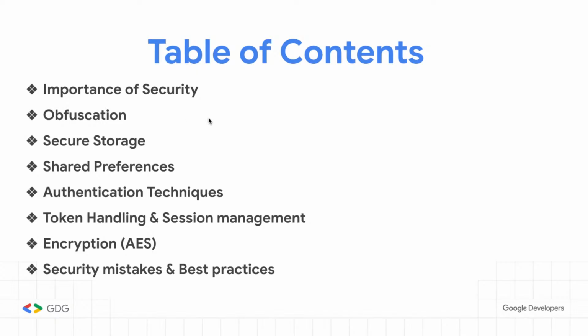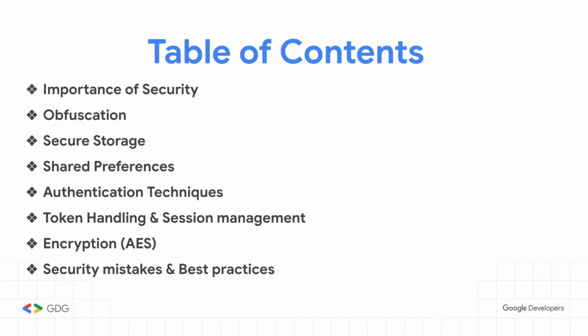So let us discuss our agenda for today. I'll be talking about the importance of security, why we should have security in our Flutter applications, followed by obfuscation, which is a kind of a security practice to prevent hackers from reverse engineering our application. Also, we will be discussing different types of data storage in Flutter, which is secure storage and shared preferences, followed by some of the authentication techniques that we have in Flutter.